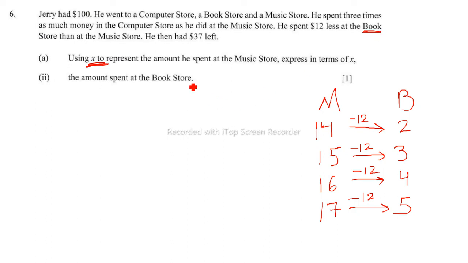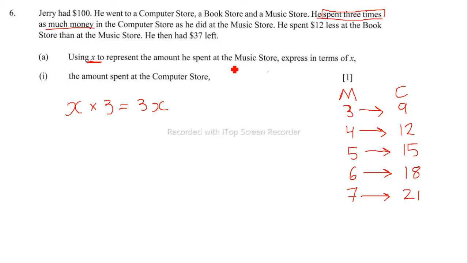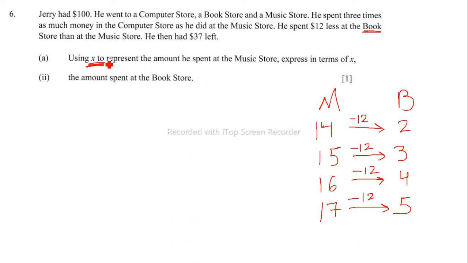We're trying to find the bookstore now. The music store is how much? The computer store is 3X. Oh, the music store is X, so it'll be X minus 12.